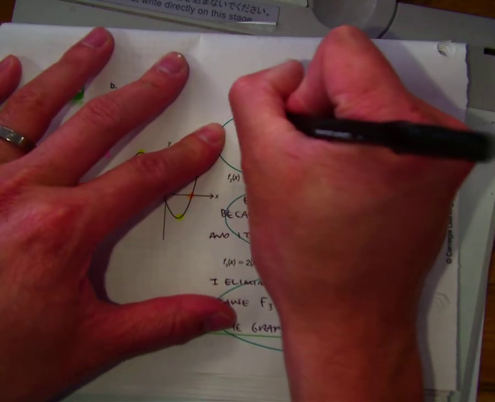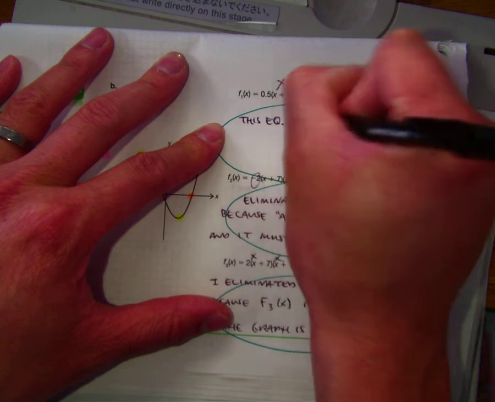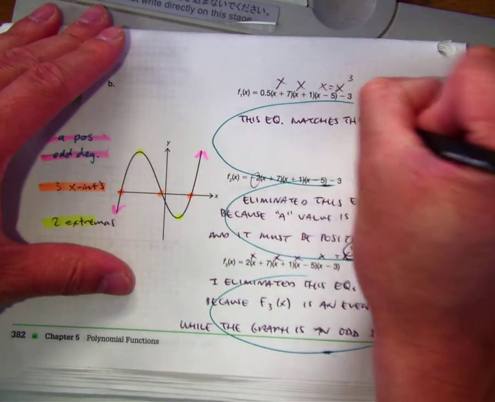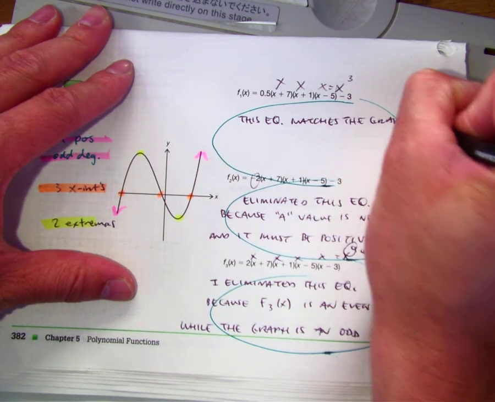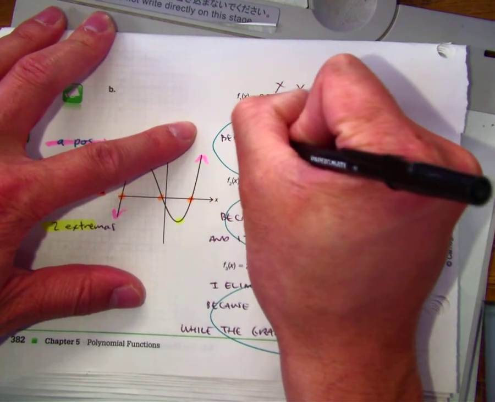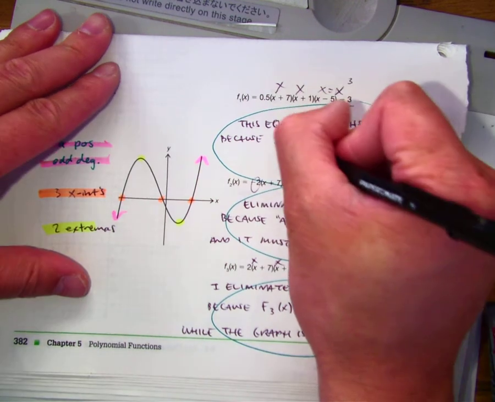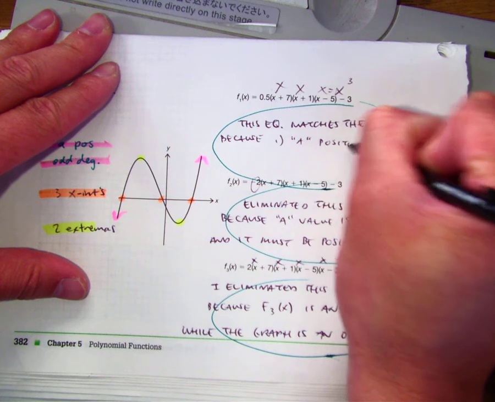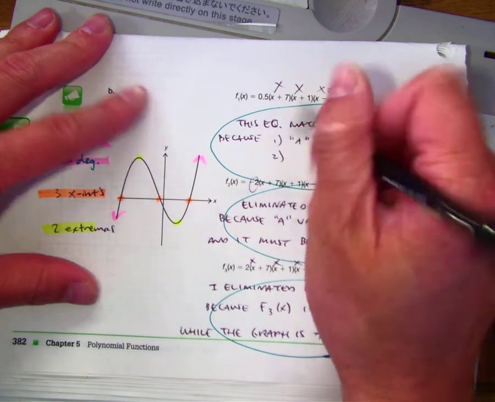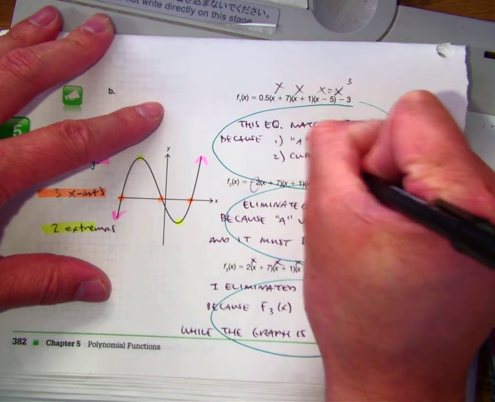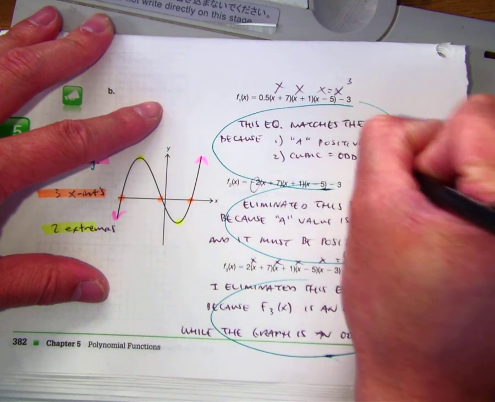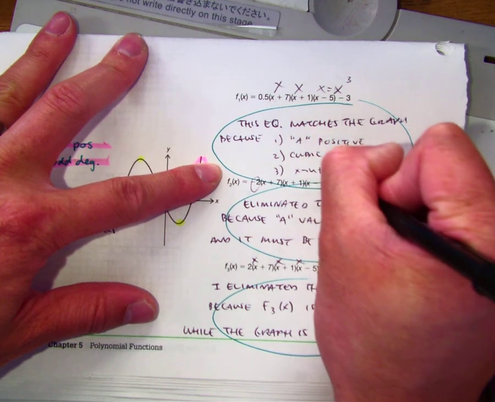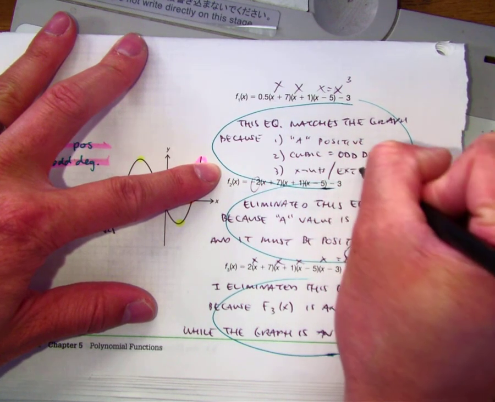So we'll say this equation matches the graph because A is positive, cubic is odd degree, and the x-intercepts and extrema match.